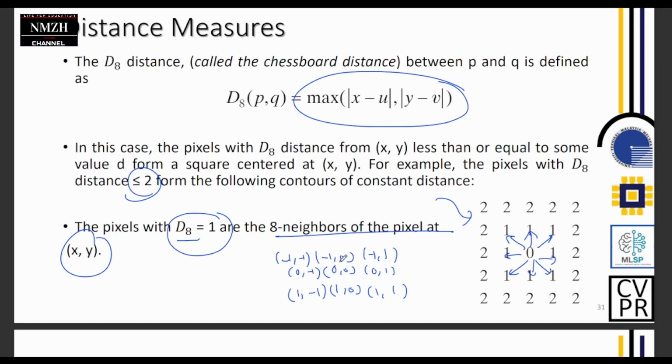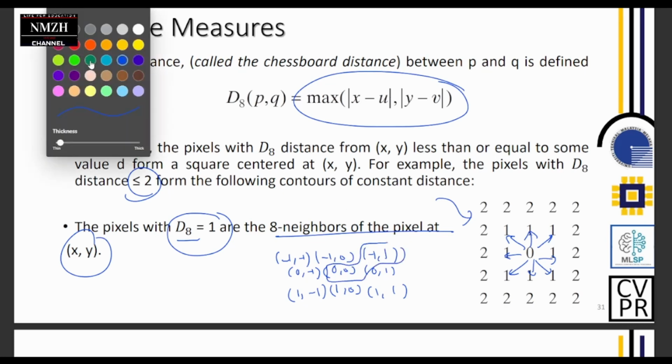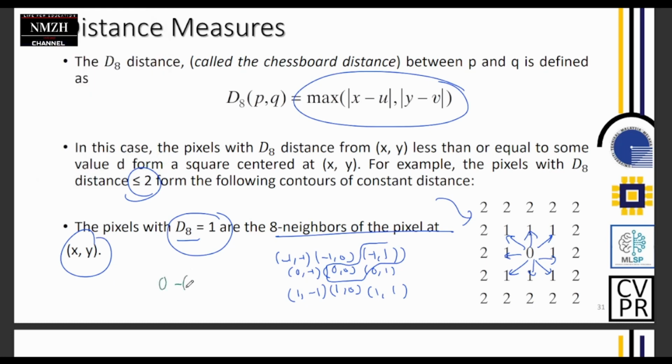So to do this, based on this equation, for example, we take a look at this one. Oh sorry, I need to change to green. So 0 minus minus 1, comma, 0 minus 1, with magnitude, and put the max over here.